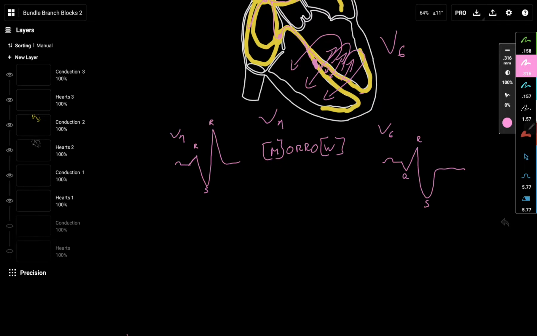So if we've got my deflection going up and down again, like my RSR, it just reminds you of the letter M. Okay, and in V6, it's going to be a down deflection, up, down, and up, like a letter W, right? So MaRRoW, and the two R's in the middle are to remind you that that's a right bundle branch block at that point.